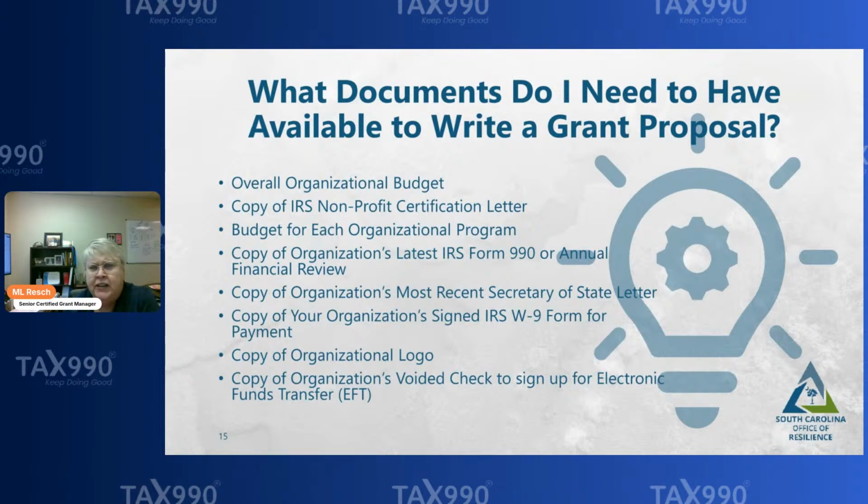Do I have any United Way people on the call today? If not, I would highly encourage you to go to your local United Way in your community. They have something called United for Alice. Alice stands for Asset Limited, Income Constrained, Employed.